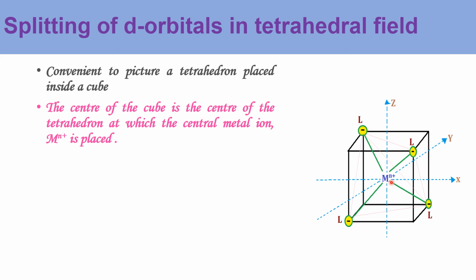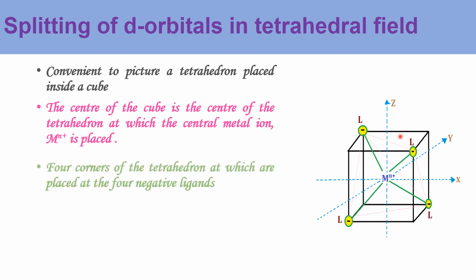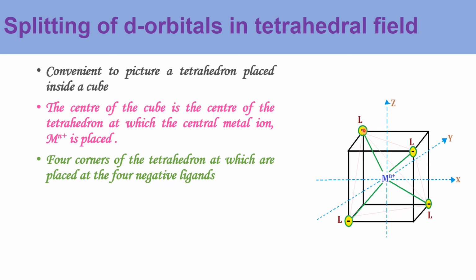Here Mn plus is the center of the tetrahedron and also of the cube. The four corners of the tetrahedron, one is here and one is here and one is here and one is here, are where the ligands are placed.